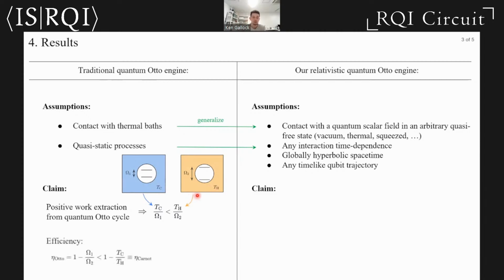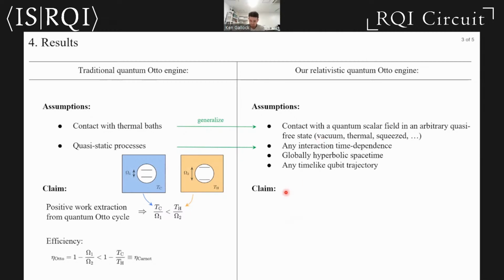And if you compute the efficiency of the cycle, then it is known to be something like this. And if you substitute this condition, then this efficiency has the upper bound, which is equivalent to Carnot efficiency. So the Otto cycle cannot go beyond Carnot efficiency as long as this traditional quantum Otto engine is concerned.